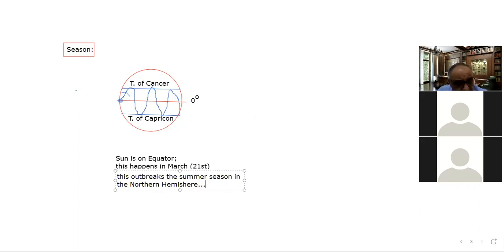Now, because the sun is at the equator, all the latitudes from the northern hemisphere and the southern hemisphere will be at equal distance from the sun. Let me clarify this.